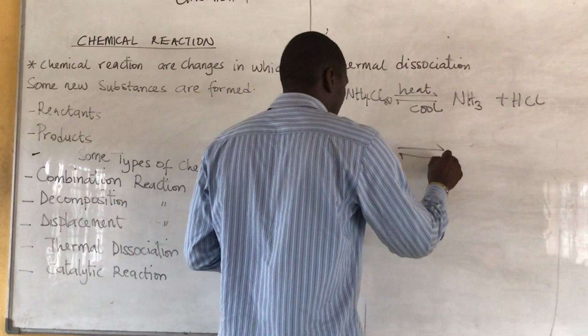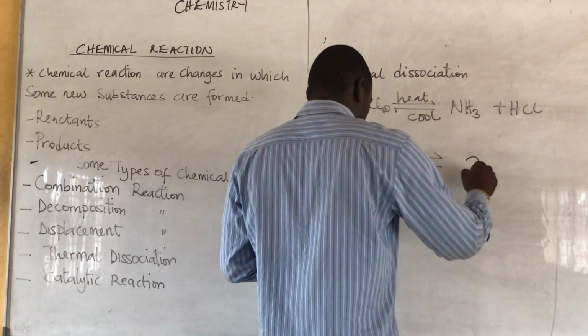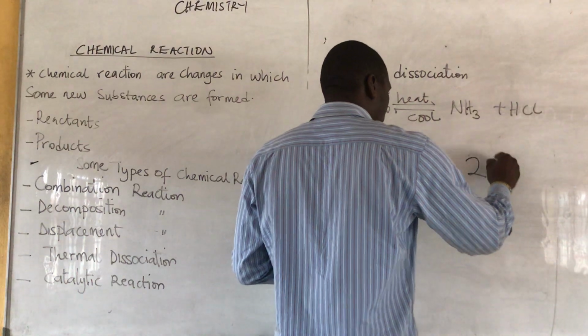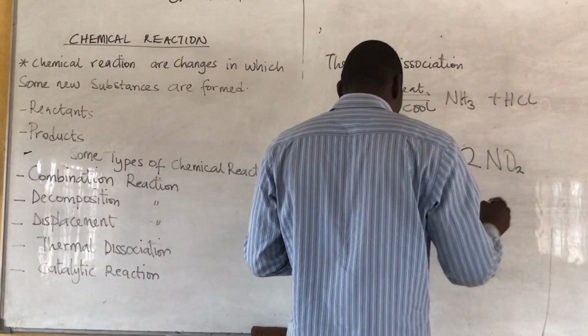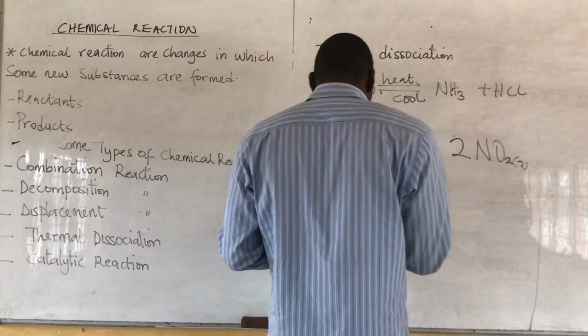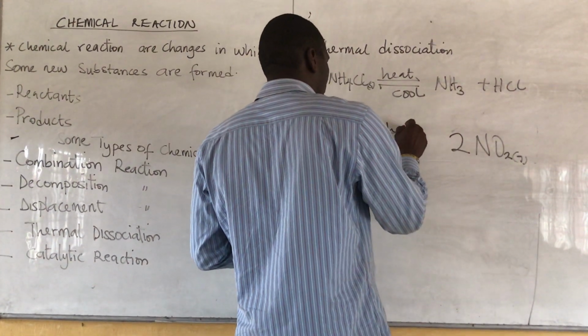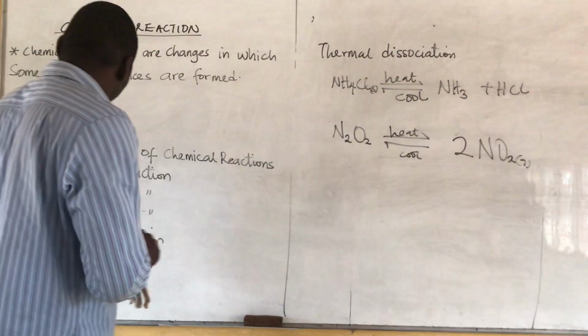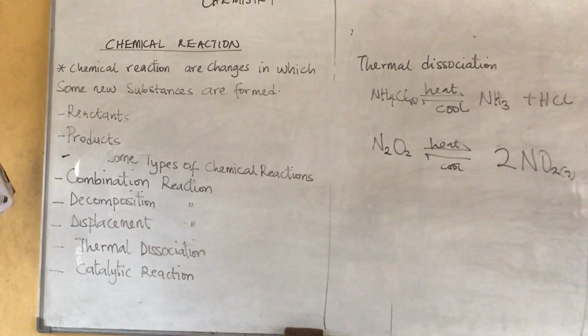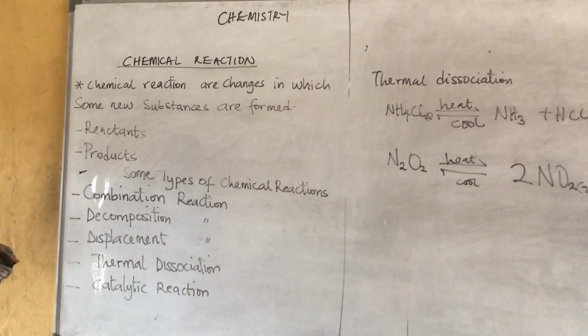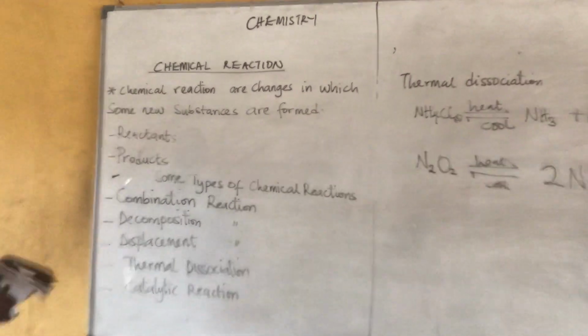Application of heat gives you nitrogen 4 oxide. If you cool it down, then the reaction reverses.